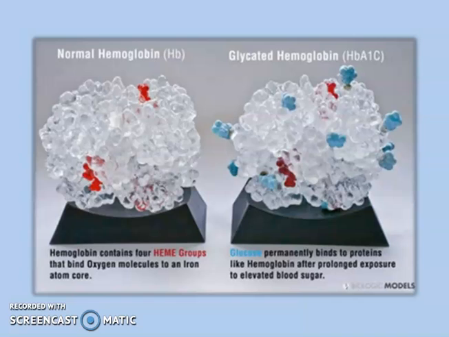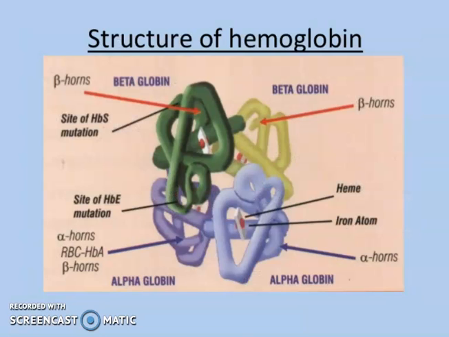Now friends, normal hemoglobin and glycated hemoglobin, Hb and HbA1c. Hemoglobin contains 4 heme groups that bind oxygen molecules to an iron atom core. Glucose permanently binds to proteins like hemoglobin after prolonged exposure to elevated blood sugar. This is the model.